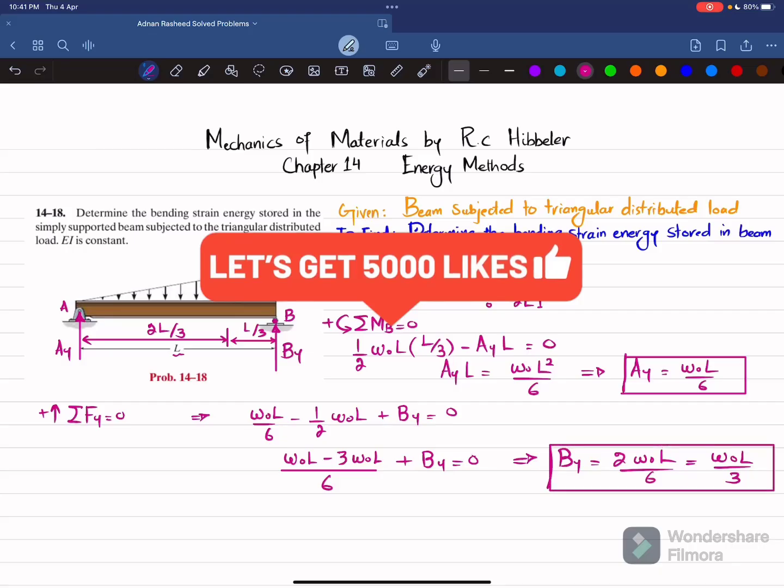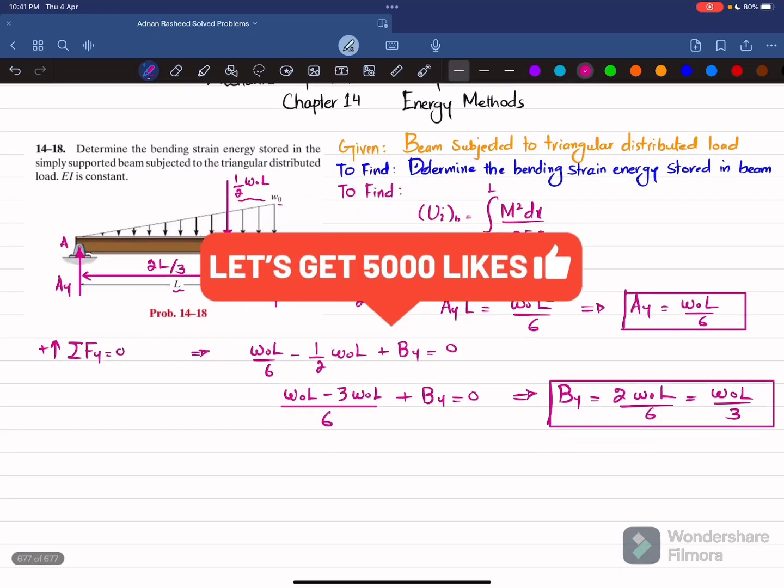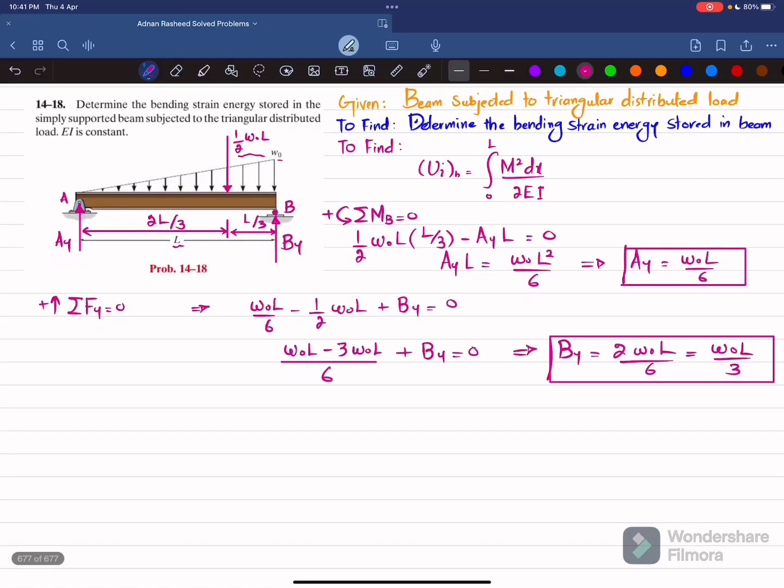Now we have this AY and BY. So what we will do is find the moment. So we will cut this beam at any length X. For example, if we cut the beam over this length, let this length from this point A be X. Clear? And draw the free body diagram. So let me draw it over here.